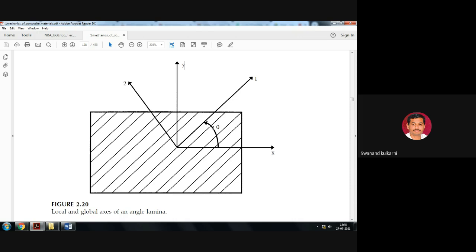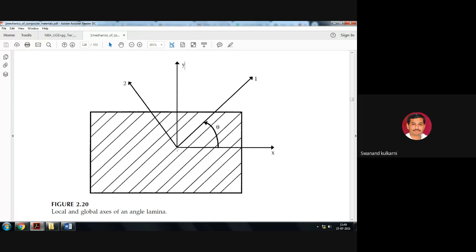And that's why the concept of sigma 1, sigma 2 comes into existence. Otherwise, sigma x and sigma y are sufficient. If reinforcements are in the direction of x or in the direction of y, then there is no problem. But if they are not in that direction, then we will have to take the reference that x is with reference to 1 and y with reference to 2, because line 1 and line 2 are perpendicular to each other, and lines x and y are perpendicular to each other with the usual notations.